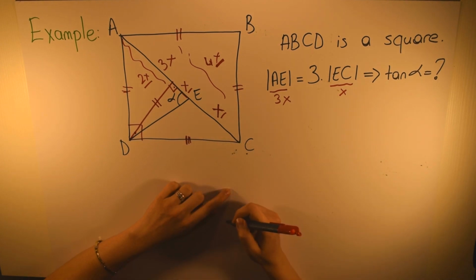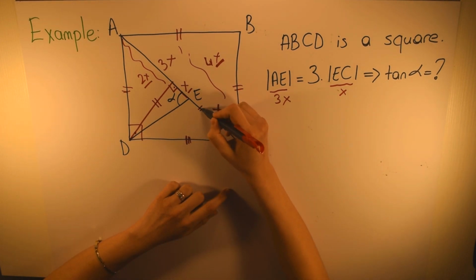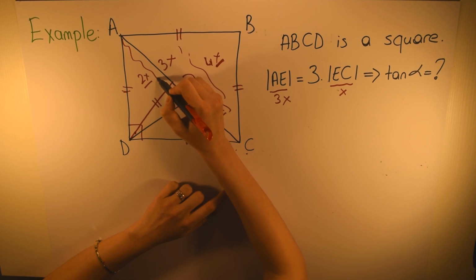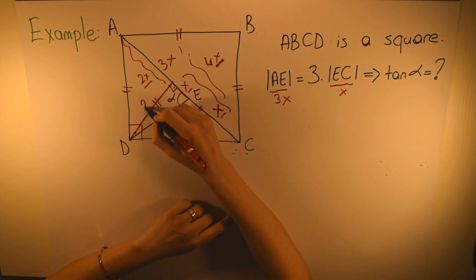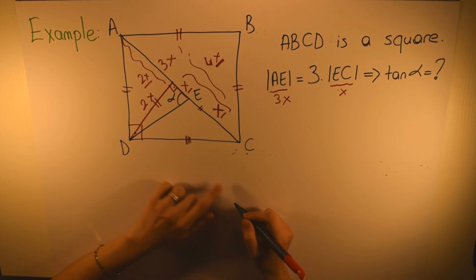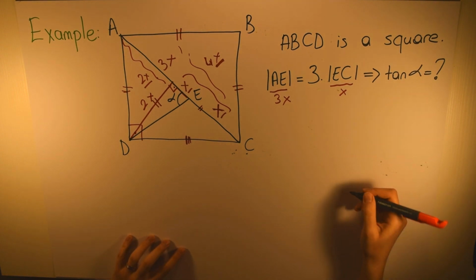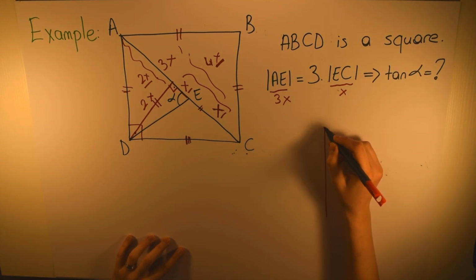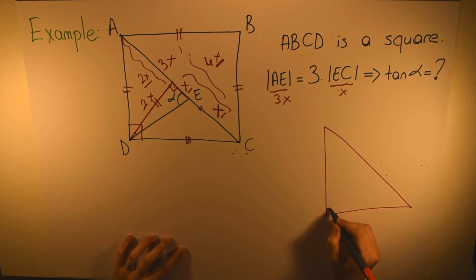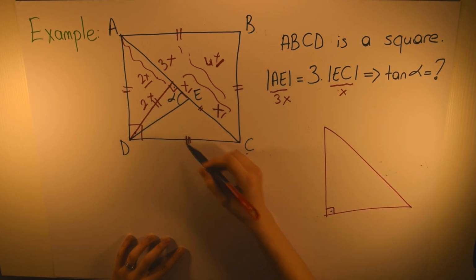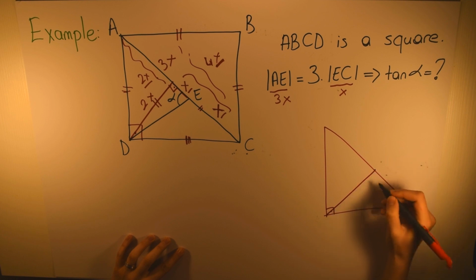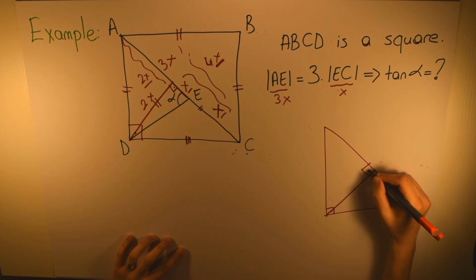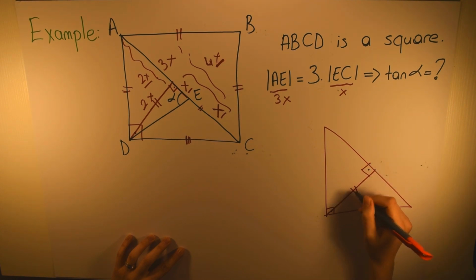If this is 2x and this is 2x, then this length is also equal to 2x. Let me draw here to see it better. This is our right triangle, and when I draw this 90 degrees here, it would be like this.